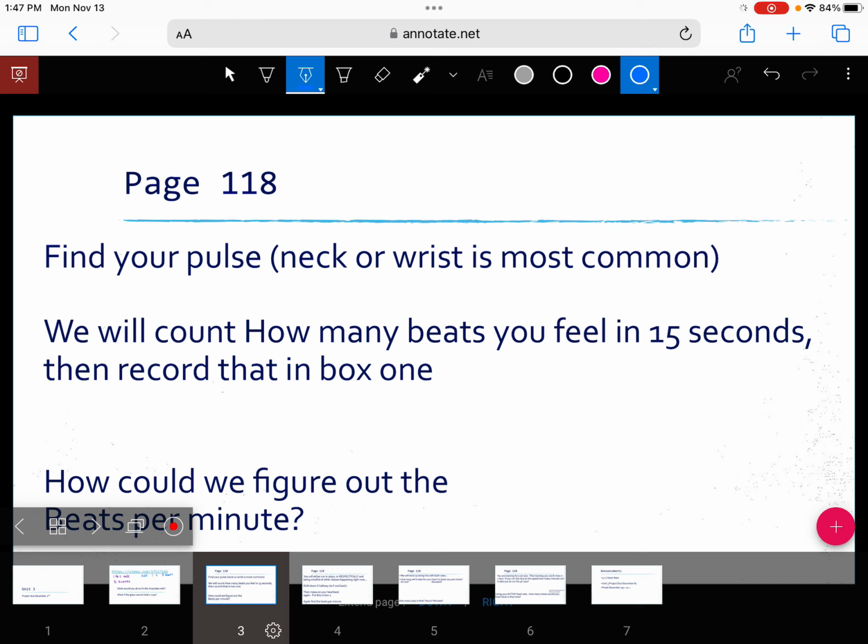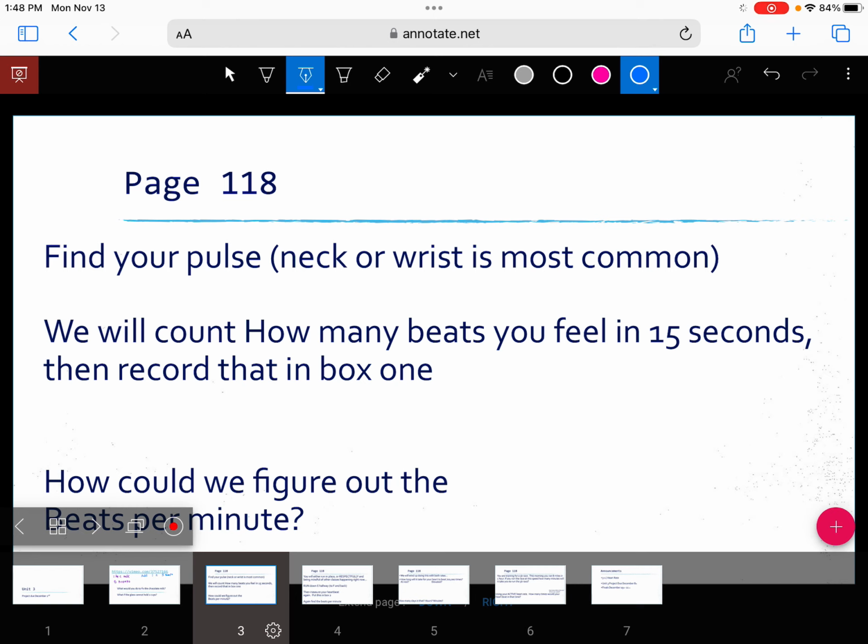Okay. So what you're going to do is find your pulse. For most of us, somewhere under here is where you can find it. You might be able to find it in your wrist. I have never in my entire life been able to find my pulse in my wrist. I have to go way in here to find it. But I want you to find the pulse in your wrist.